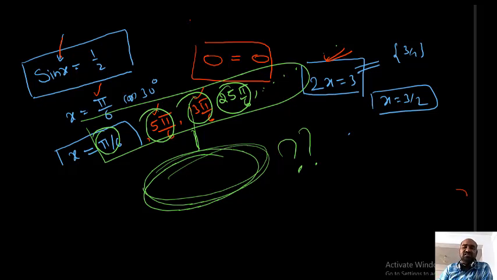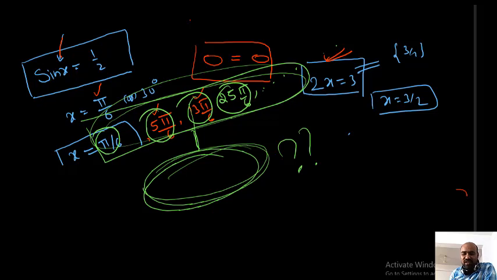Students, listen. Sin x equal half. These are all solutions. But I don't want to write like x equal pi by 6, 5 pi by 6, 13 pi by 6, 25 pi by 6, and so on. That is not the right way to write the answer. So what should we do? We want to write a single formula satisfied by all these solutions. That single formula should be identified. After identifying the single formula, you can say that it is the solution of the problem.